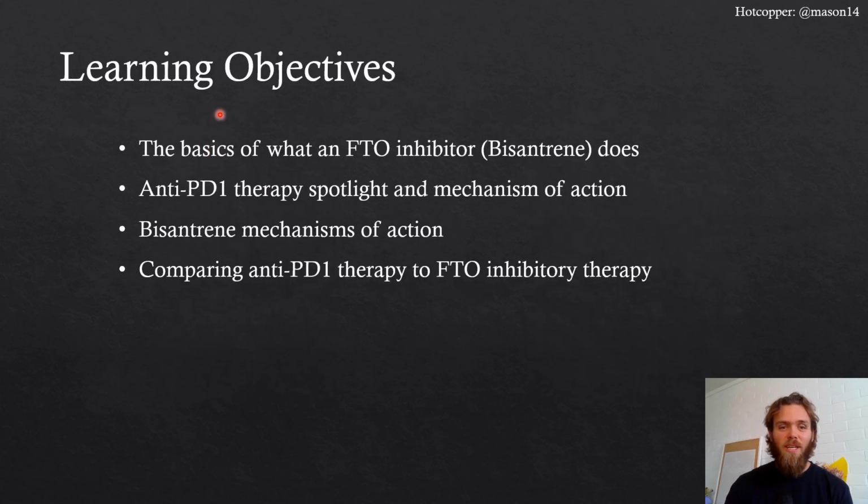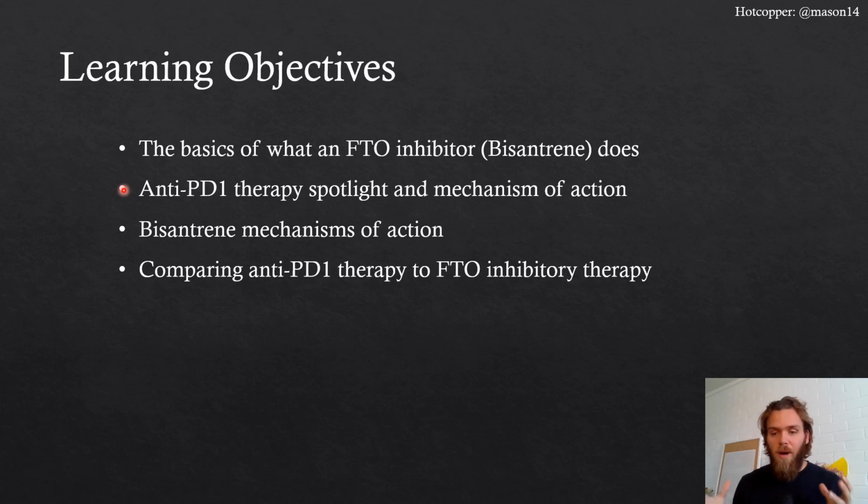Okay, so my learning objectives. What I really wanted to focus on was the basics. What the hell does an FTO inhibitor do? What is Bisantrene doing, very, very simply. I then wanted to look at anti-PD1 therapy and try to explain its mechanism of action.